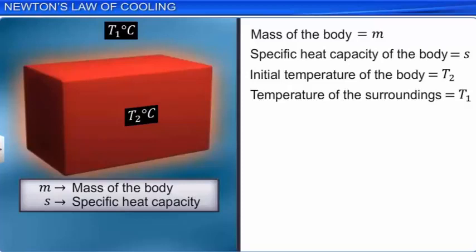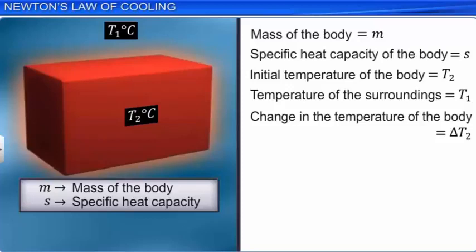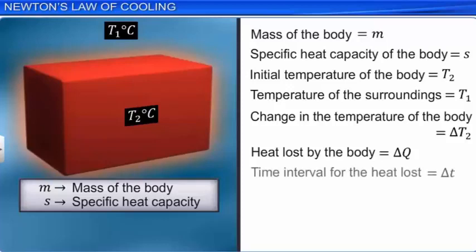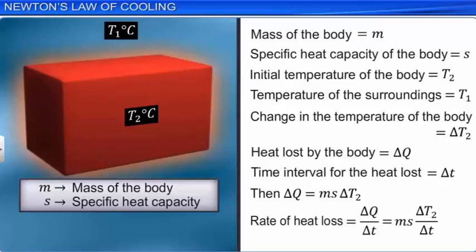If the temperature of the body is changed by delta T2 because of a small loss of heat delta Q in a small interval of time delta t, then delta Q can be expressed as the product of m, S and delta T2. Then the rate of heat loss is equal to delta Q by delta t equals m S delta T2 by delta t. Let this be equation 2.